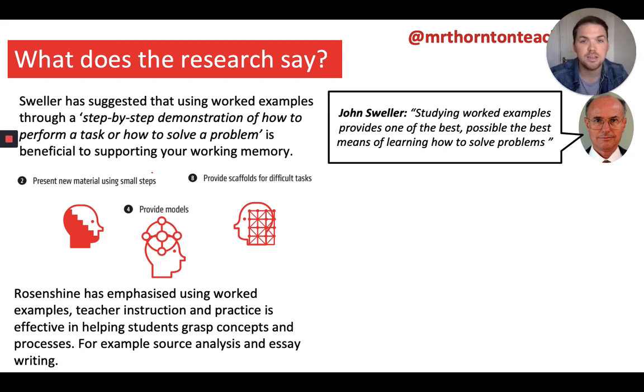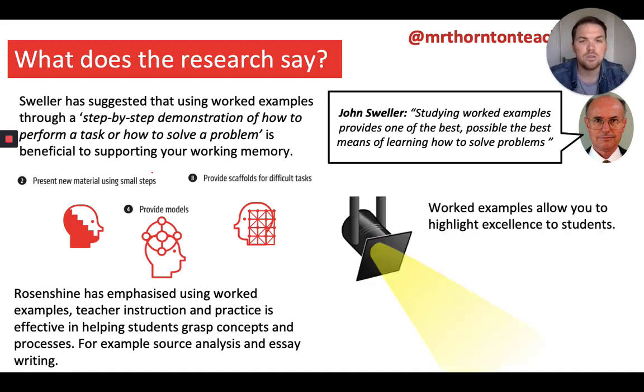They all tie together, but the crux in the middle is you are using a worked example, whether it's scaffolded in different ways, presented in different small steps, and obviously led by teacher instruction. He says it's a really good way to help students grasp new concepts and processes, such as how to analyse a source, or how hyperinflation works, or simply essay writing.